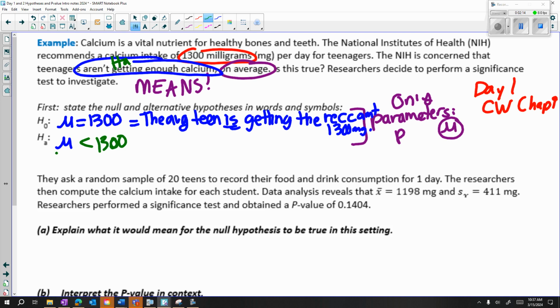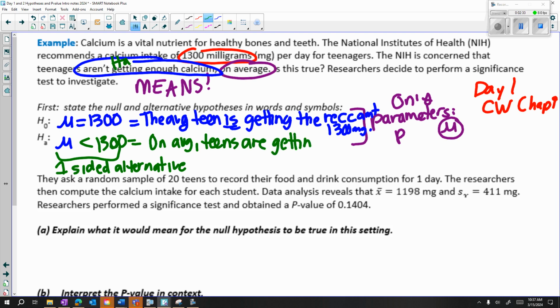This is called a one-sided alternative because you're actually picking a stance on the direction of your HA. And then in words, this would mean that on average, teens are getting less than recommended.